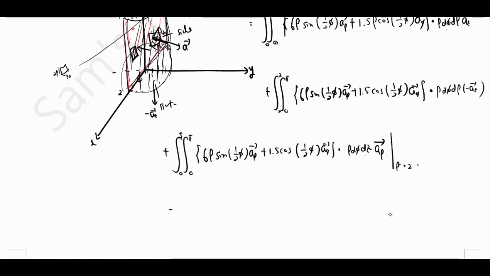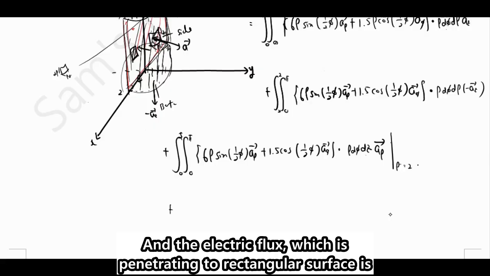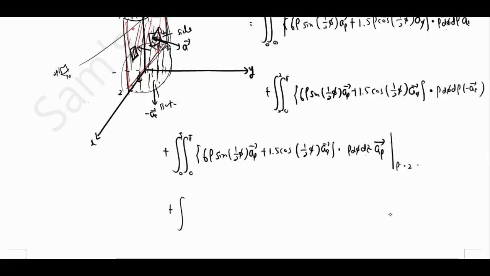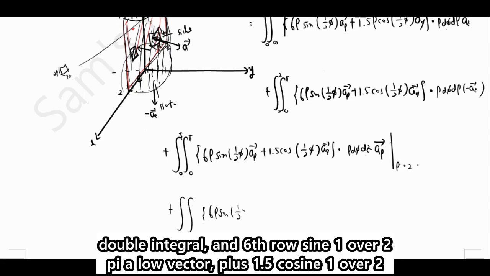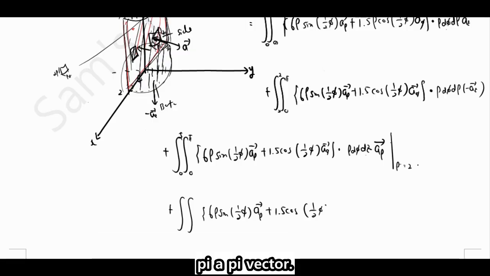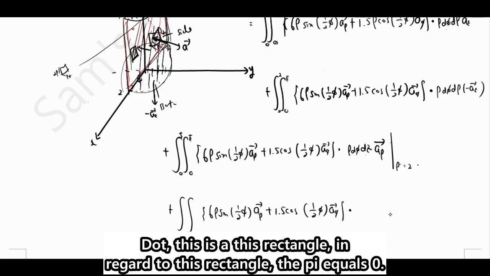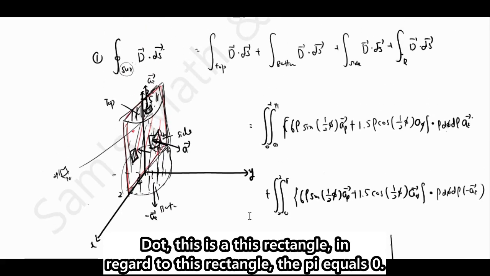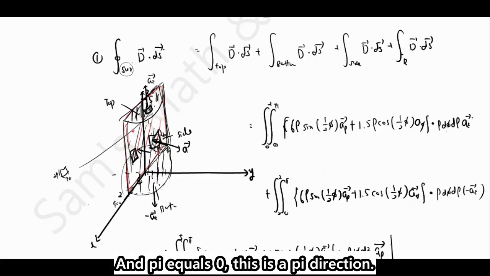And next is the electric flux penetrating the rectangular surface, a double integral of 6 rho sine 1 over 2 phi a rho vector plus 1.5 cosine 1 over 2 phi a phi vector dot. This is a rectangle, where phi equals 0.